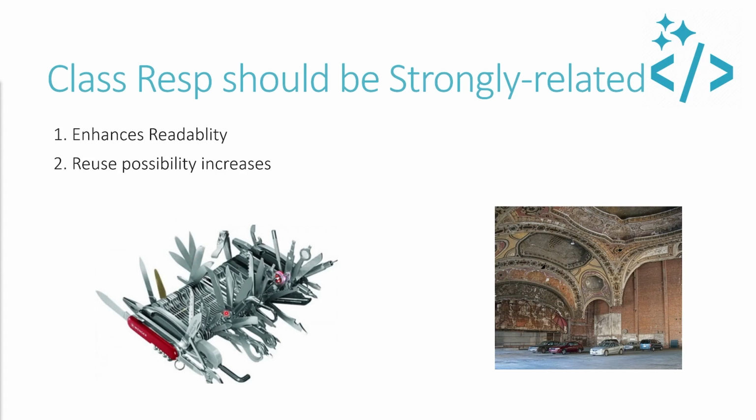So here we see this Swiss Army knife, which does too many things, so it will be a maintenance nightmare if we compare this to a code base. And also here we have a kind of church, and it's also a parking lot. So this is a class which does two things. Normally we should separate such classes to have two classes instead of one.